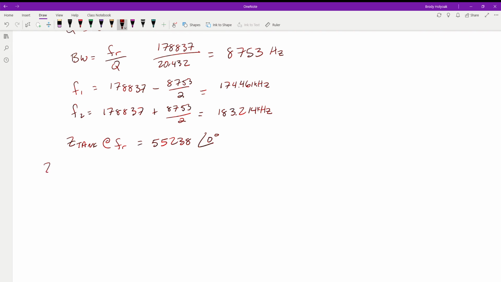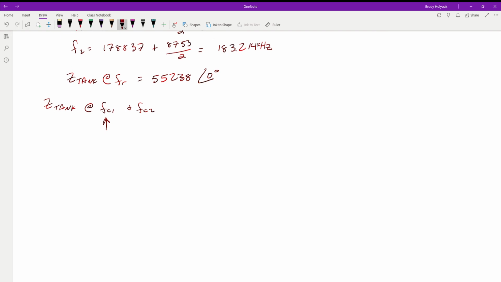Now the last part is the Z tank at our critical frequency 1 and our critical frequency 2. So let's go through and solve based on this value right here. At critical frequency 1, which we solved for to be 174,461.